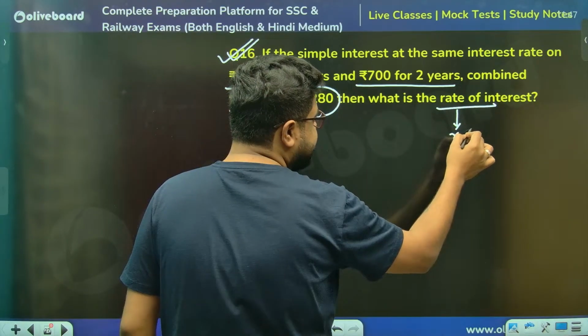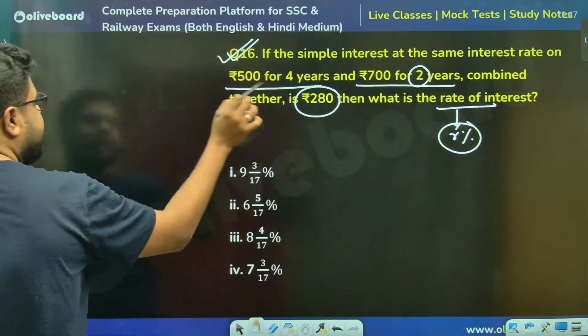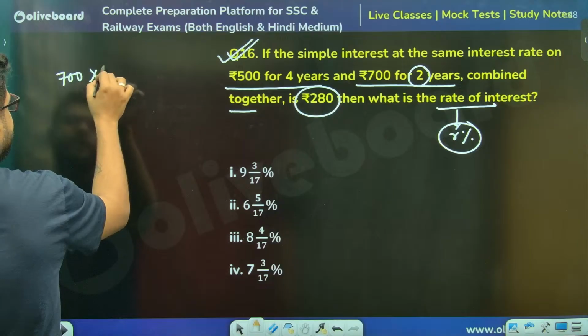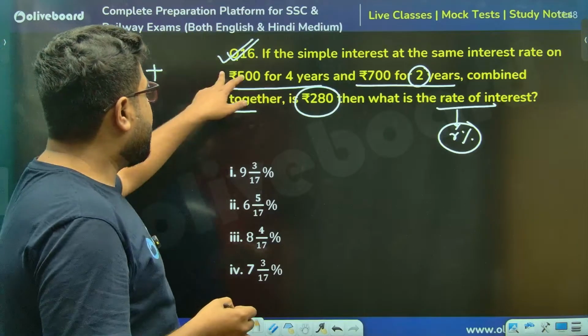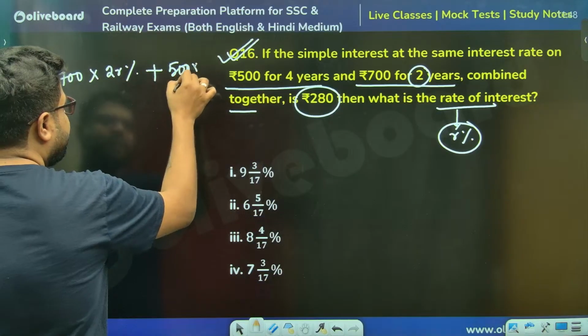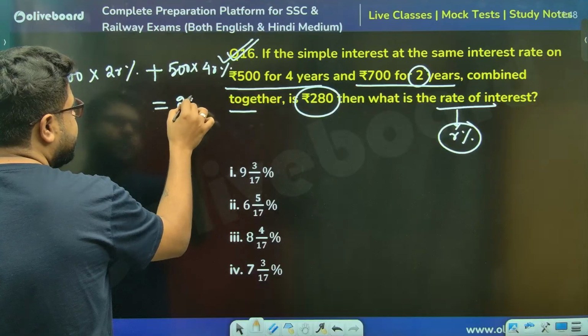That is R% per annum. So in 2 years, I'll get 2R%. So my interest for 700 rupees will be 700 into 2R percentage plus on this 500 rupees, 500 into 4R percentage. This is given as 280.